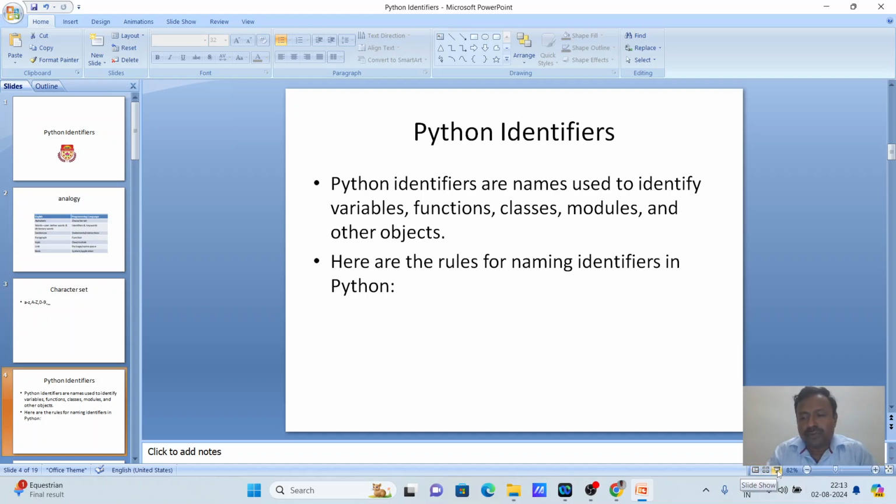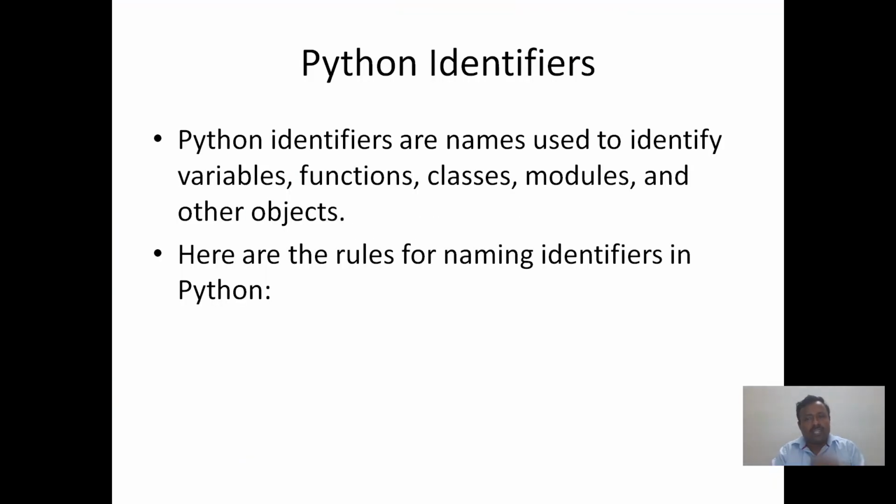Now coming to the first one, Python identifiers, I already told you an identifier is a user defined name. It is a what? User defined name. Whatever name he is going to formulate may be used to identify a variable in Python, a function in Python, a class in Python, a module in Python, a namespace in Python, or any other object which you are creating.